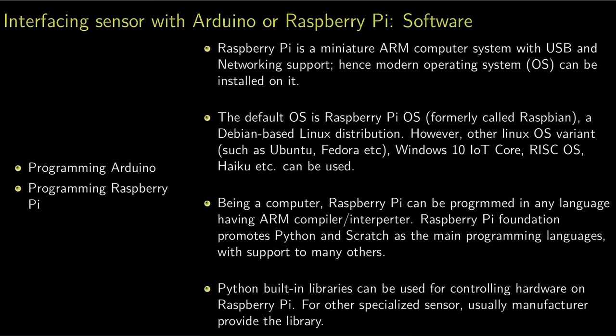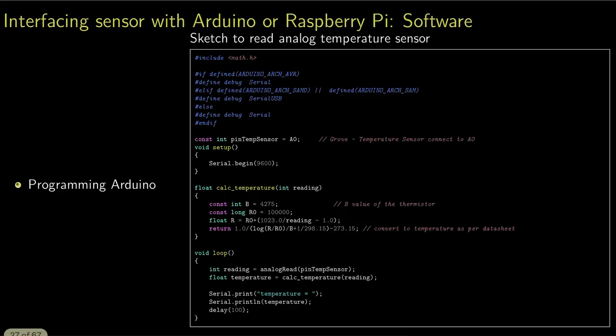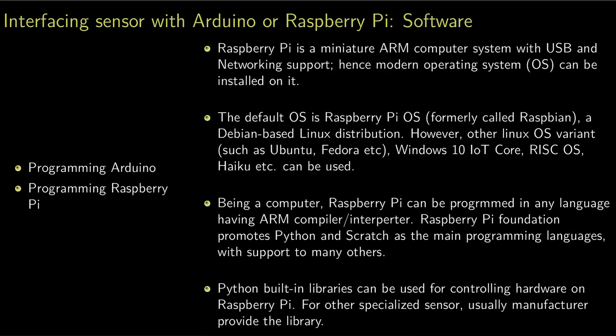So now we have the software part. So in this, the Raspberry Pi is a miniature ARM computer system. What does it mean? Raspberry Pi is a miniature ARM computer system with USB and networking support. Hence, modern operating system can be installed on it.